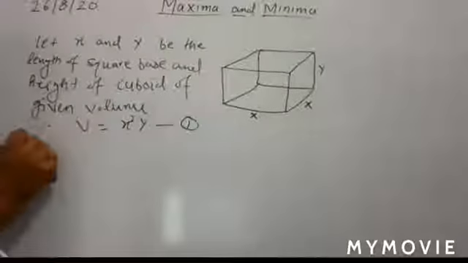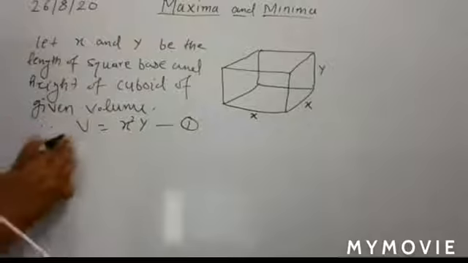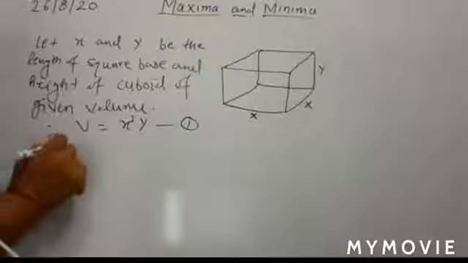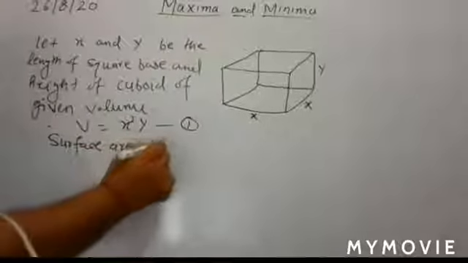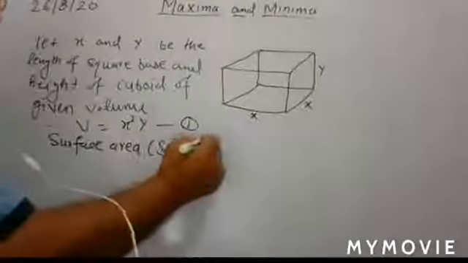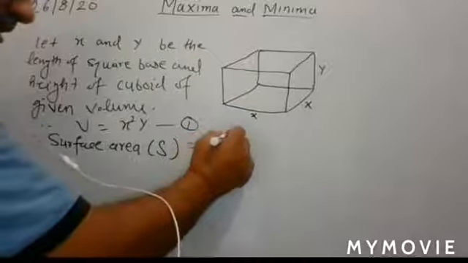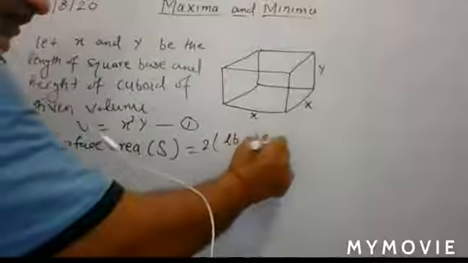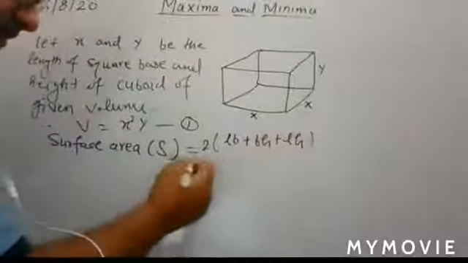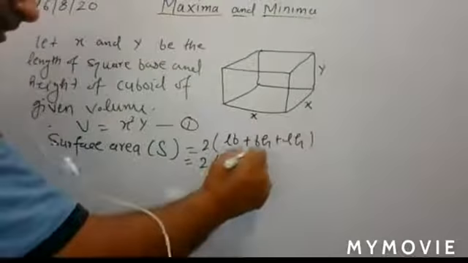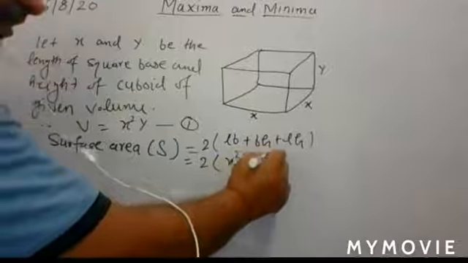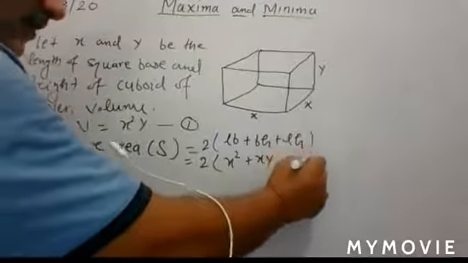If the surface area is taken as S, you write the surface area S of the cuboid. You know the formula for that, 2 into LB plus BH plus LH. Now putting its value, 2 into L into B means x square, here you have xy and here you have xy.